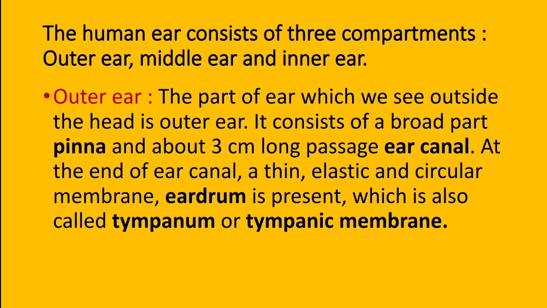It consists of a broad part, the pinna, and an about 3 cm long passage, the ear canal. At the end of the ear canal, a thin, elastic, and circular membrane, the eardrum, is present, which is also called the tympanum or tympanic membrane.